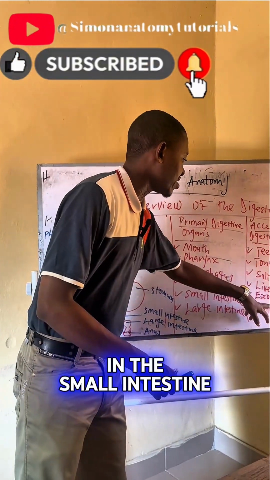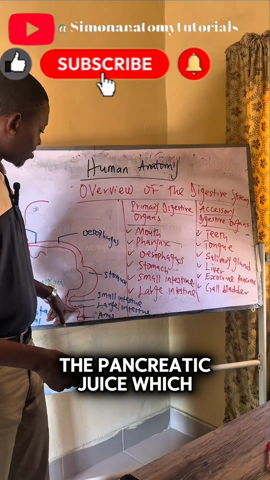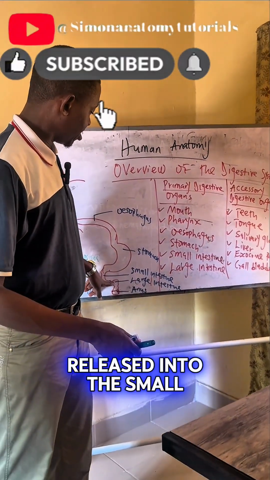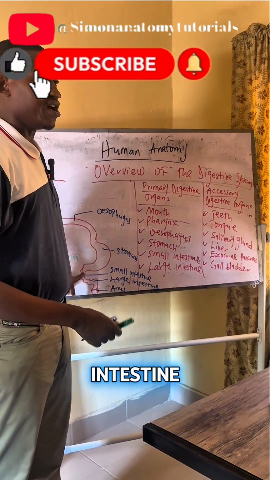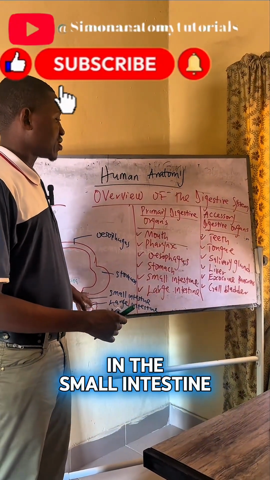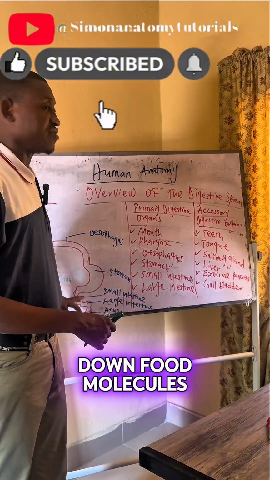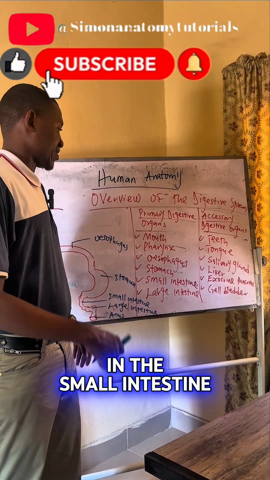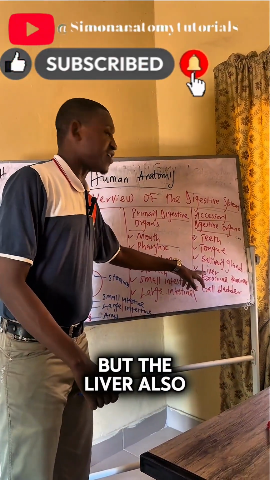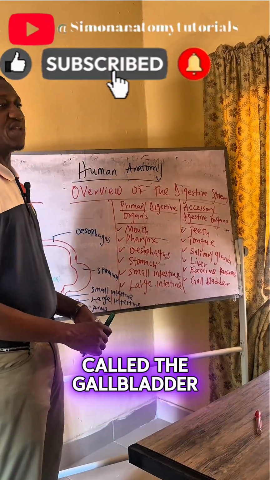In the small intestine, the exocrine pancreas produces the pancreatic juice, which is released into the small intestine. The pancreatic juice further breaks down the food in the small intestine. It's not just the pancreatic juice that breaks down food molecules in the small intestine, but the liver also produces bile, and this bile is stored in the gallbladder.